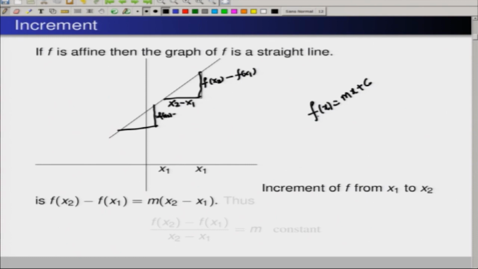The ratio f of x 2 minus f of x 1 divided by x 2 minus x 1 is constant, and as you can see, this is the slope of this line.